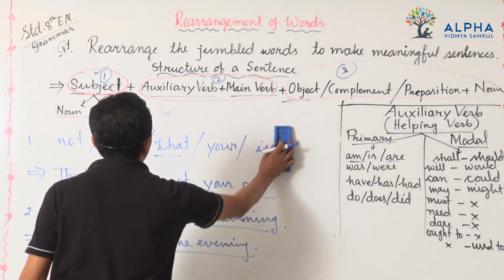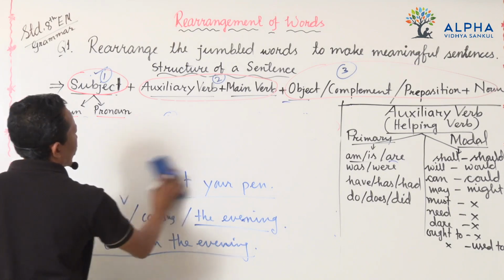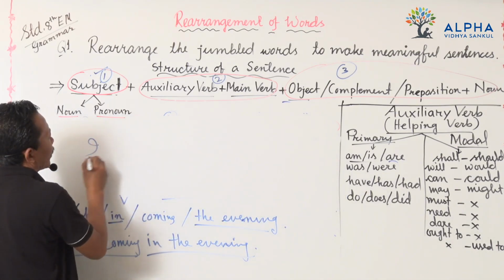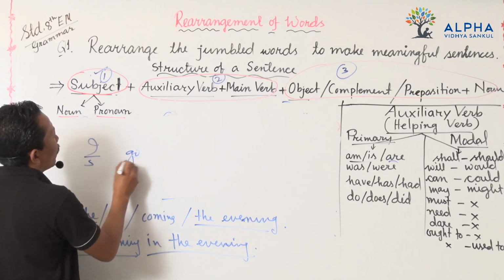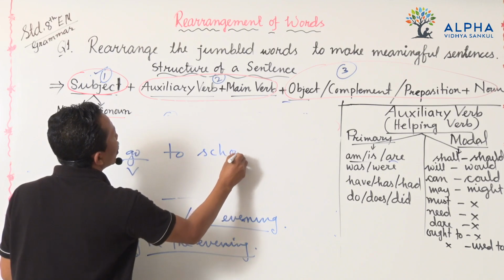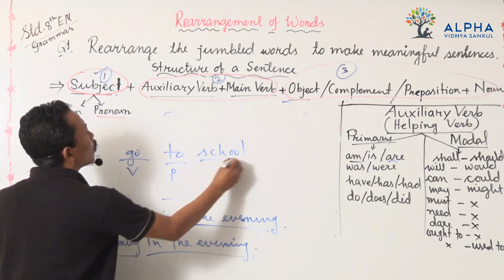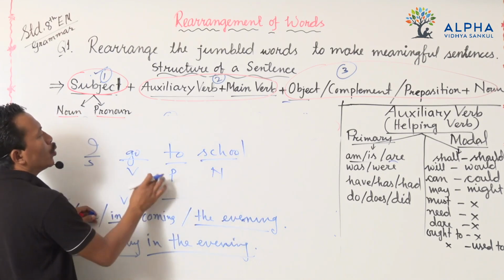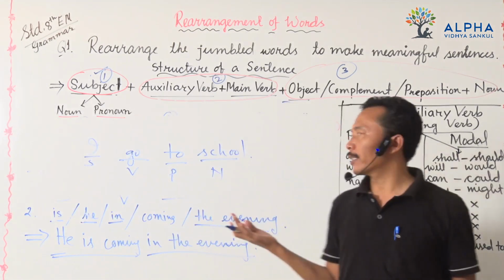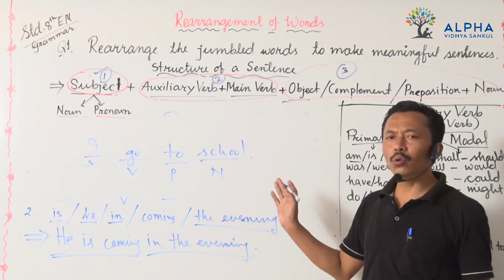Here if I say I subject, go verb, then to school. Here to is preposition, school is noun. I go to school. This is also a form of sentence structure.